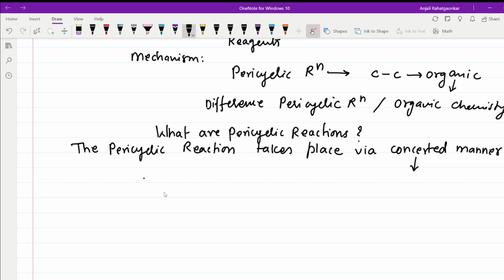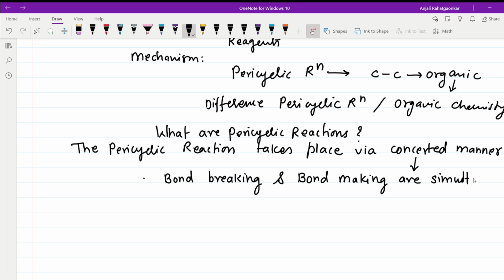The exact meaning of concerted is that the reaction takes place in which the bond breaking and bond making, or bond formation, are both simultaneous, in one step of course, but through the formation of a cyclic transition state.